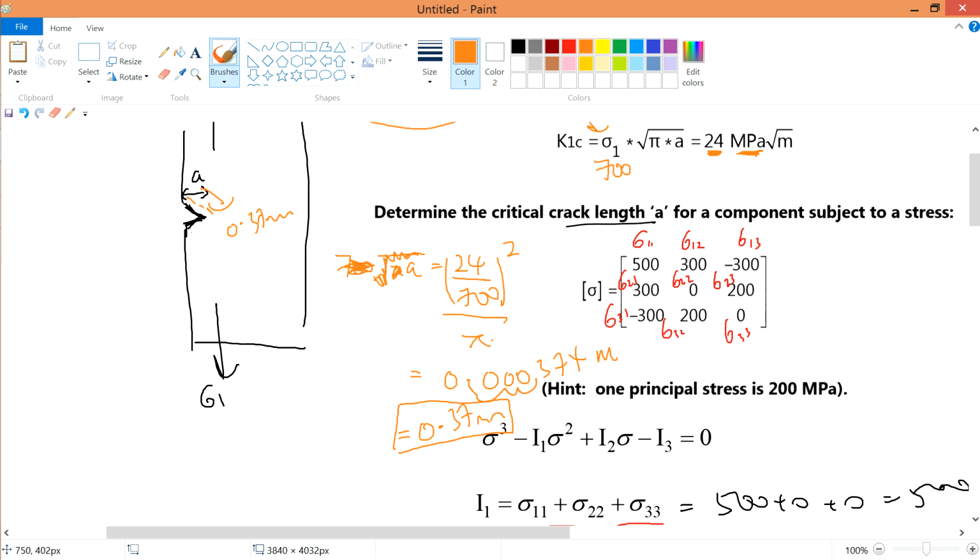Anything greater than this crack length, when you apply this force, you're going to pull this apart. In other words, if your crack length is smaller than this, then it is allowable, because the stress applied will not propagate the crack, and it will always stay at that size.